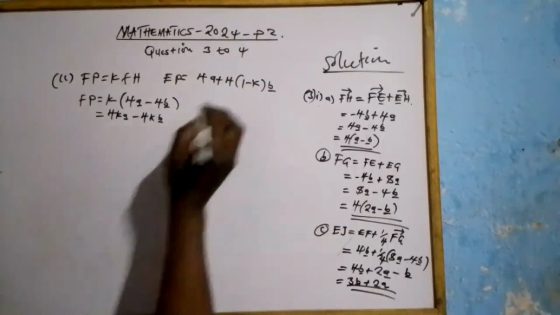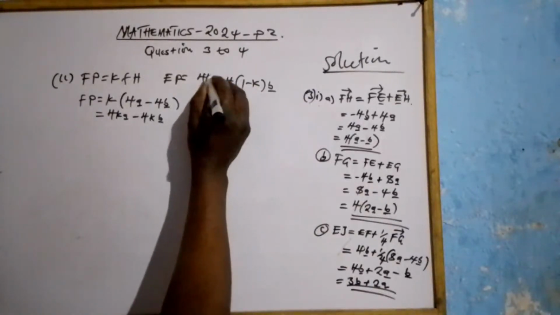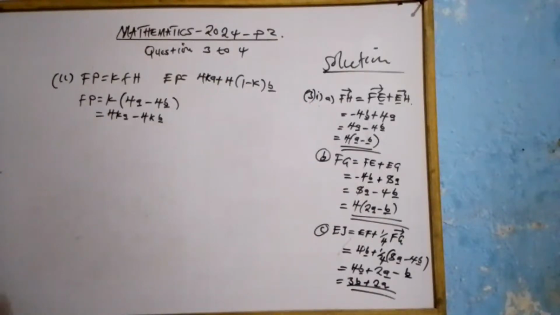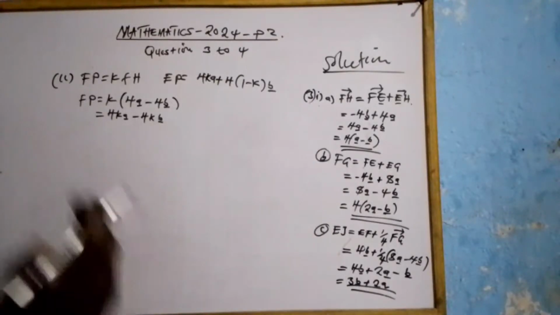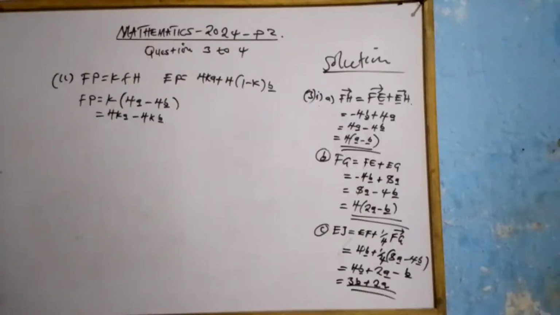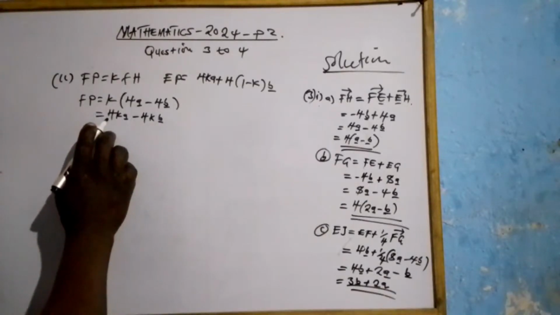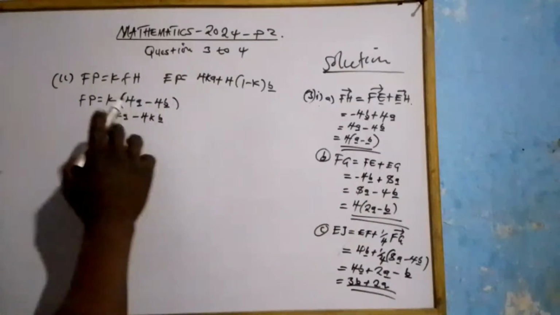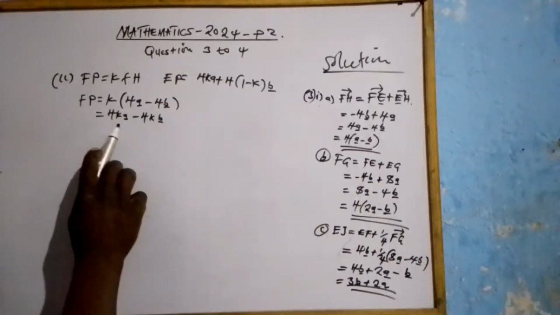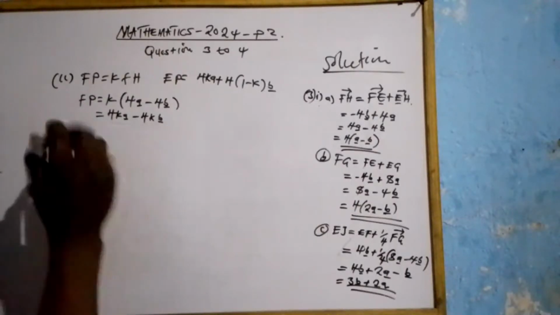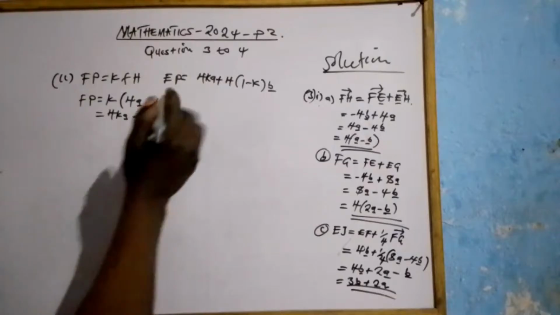Here we have to show that FH is 4KA minus 4KB, in which we find EP.